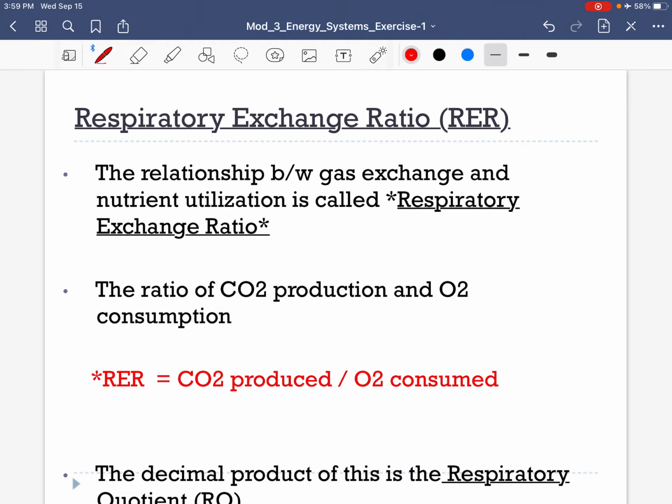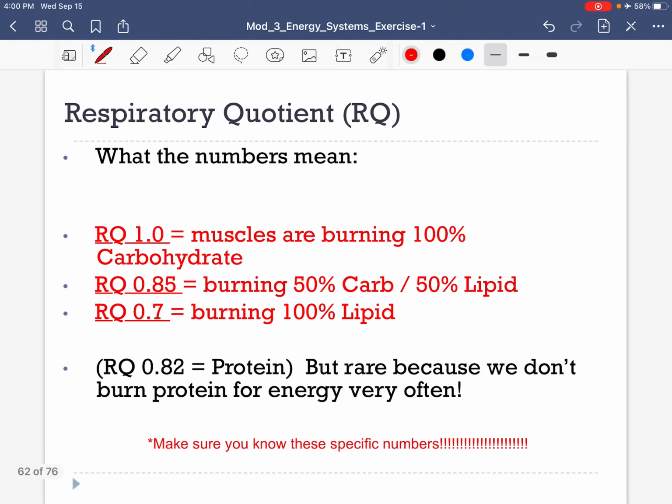Make sure that you know of something called the respiratory exchange ratio, RER. RER is equal to CO2 that we produce during exercise divided by the O2 we consume during exercise. And what this number will tell us is what nutrient we're burning for energy.